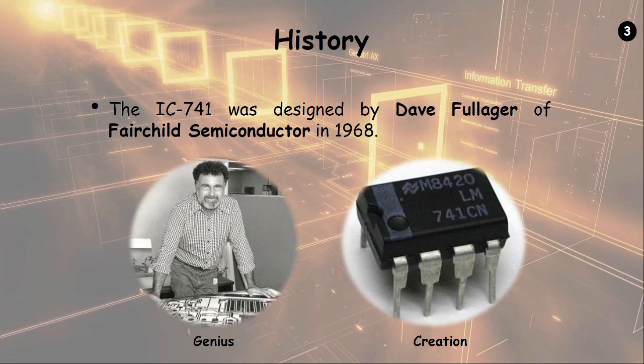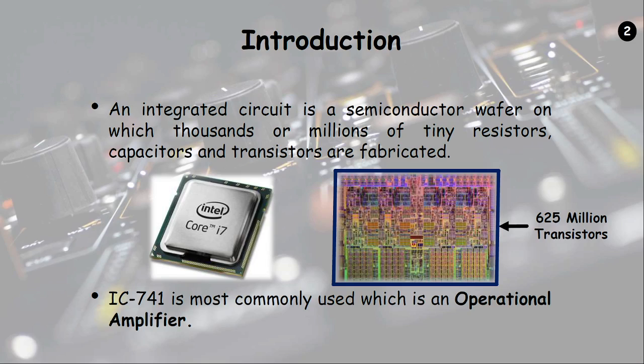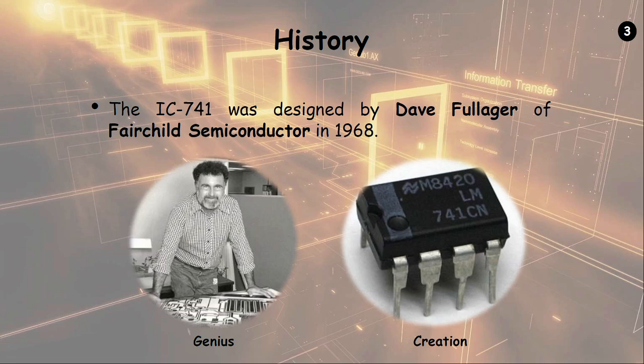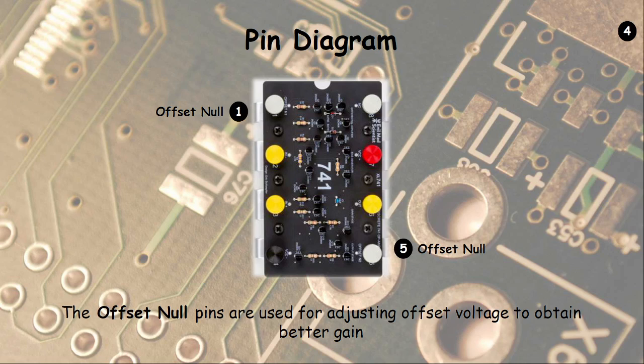In 1968 he came with the solution, the integrated circuit, because we were using components in a discrete manner and the size was very high, like your resistor. But imagine 625 million transistors in one chip. So he came with the IC 741.